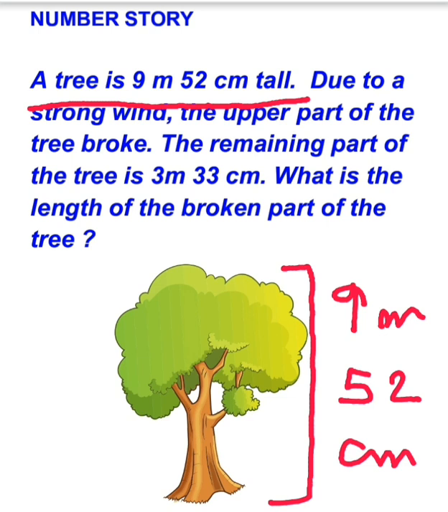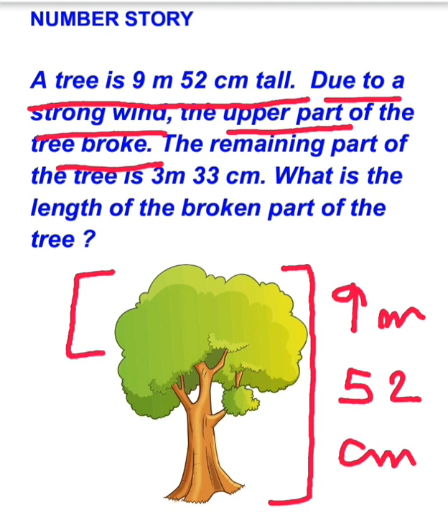Now let us find out the next information. Due to a strong wind, the upper part of the tree broke. So children, here they have not mentioned how much part is broken. They have only mentioned that the upper part of the tree broke.